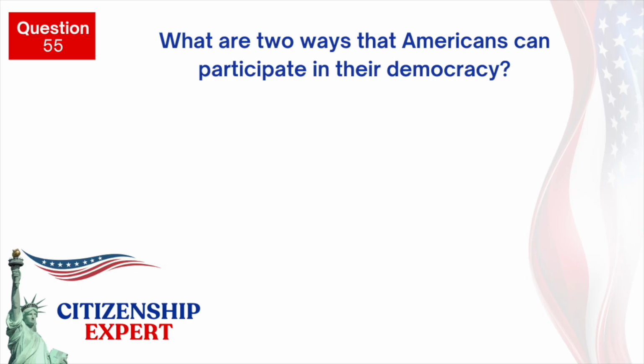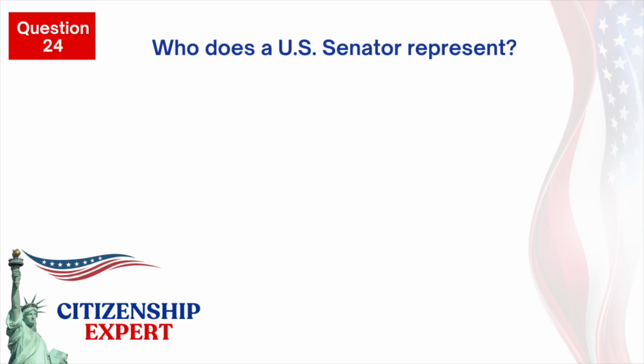What are two ways that Americans can participate in their democracy? Vote. Join a political party. Who does a U.S. Senator represent? All people of the state.